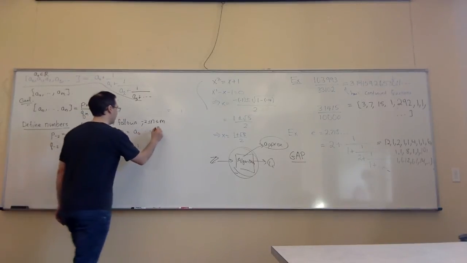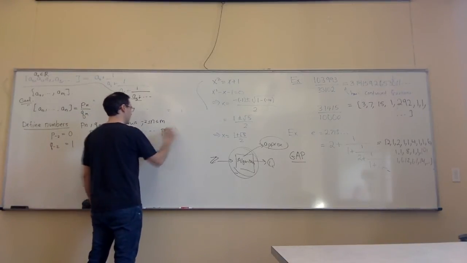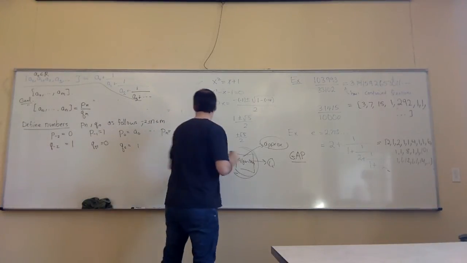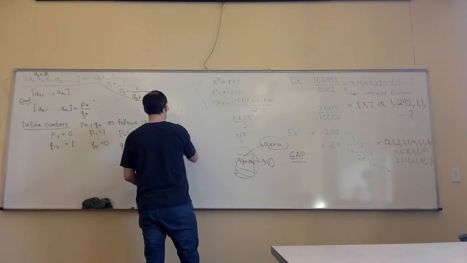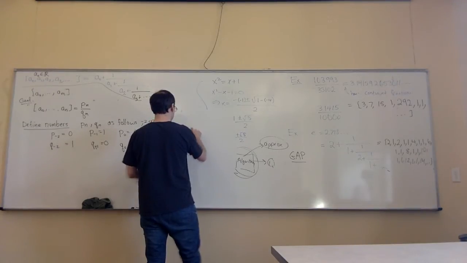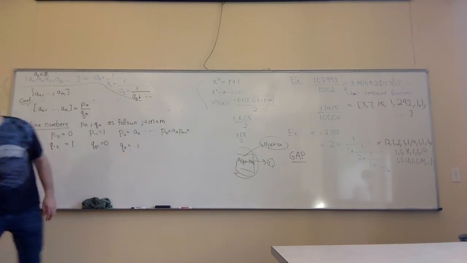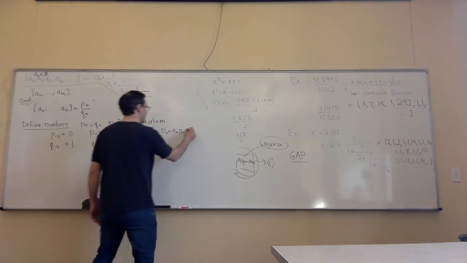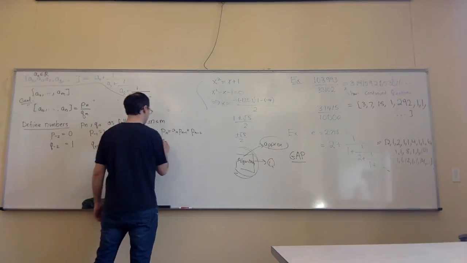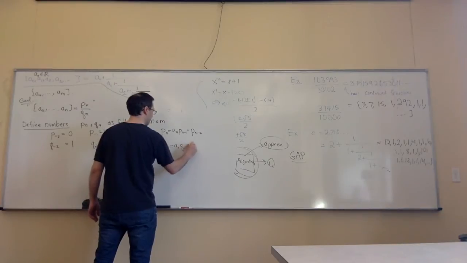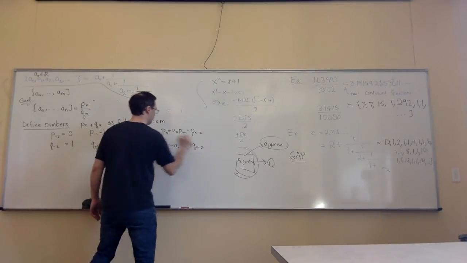And now, in general, P sub n is just the product of a sub n and the previous one, P sub n minus 1, plus P sub n minus 2. And then with Q it's the same, so with Q's instead of P's. So Q sub n is a sub n times Q sub n minus 1, plus Q sub n minus 2.